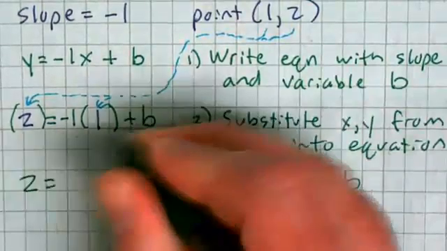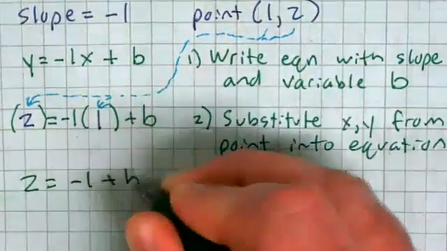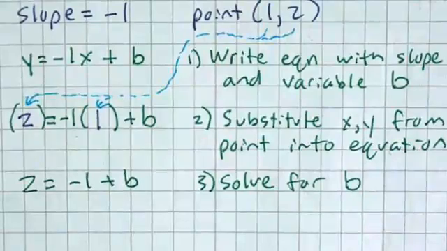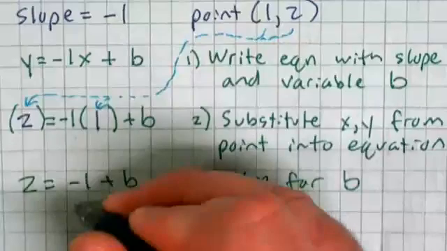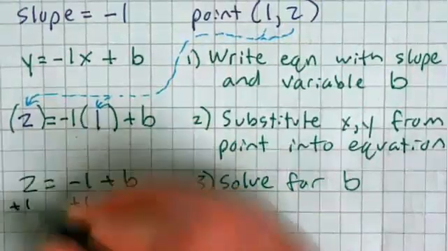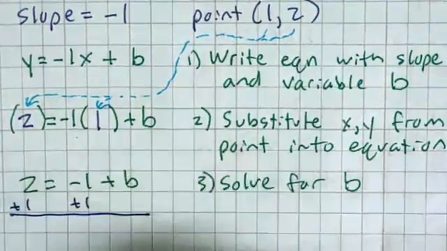Parentheses, -1 times 1 is -1. So I simplified it. I'm going to do +1 on both sides to get b by itself.